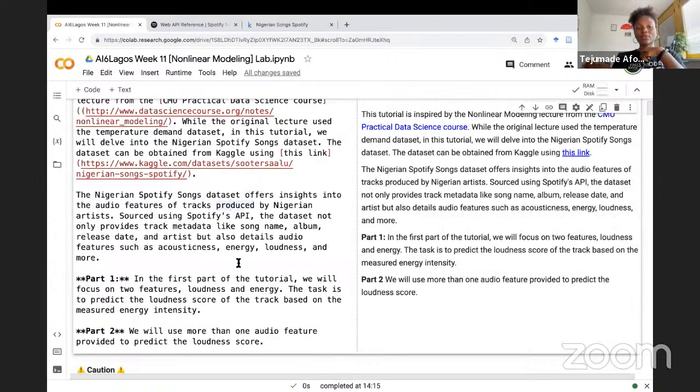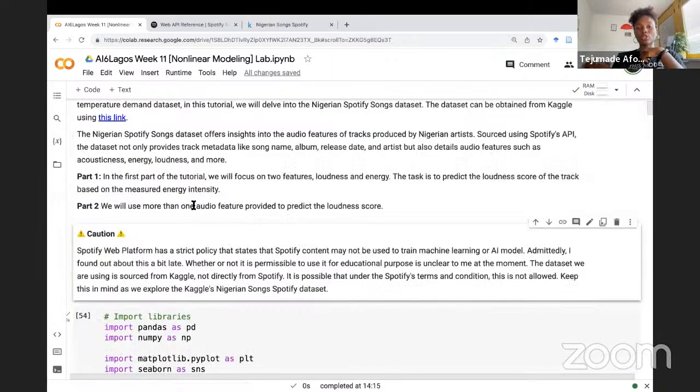And then we will look at using more than one feature to do the same prediction. I hope that by the end of the tutorial, you can also try out some more things, like what the performance looks like when you use other features, maybe even popularity, or when you try to augment this Spotify data with other data sources, like what can be a good predictor of how popular a song would be.